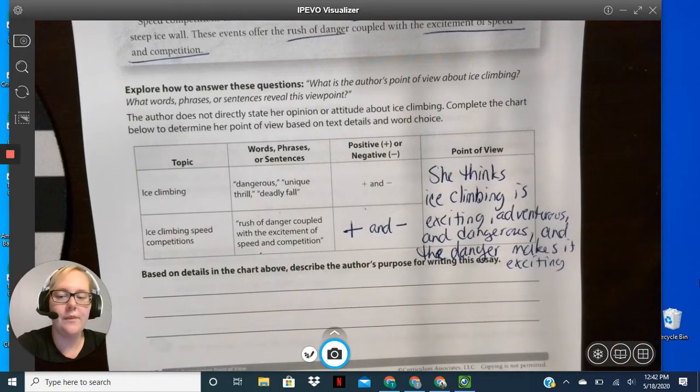All right, so at the bottom it says, based on the details, describe the author's purpose for writing this essay.